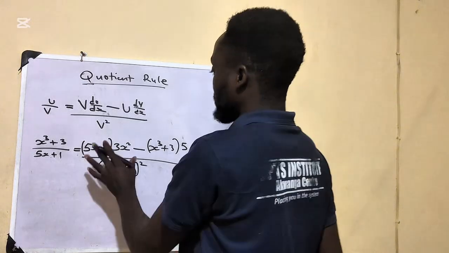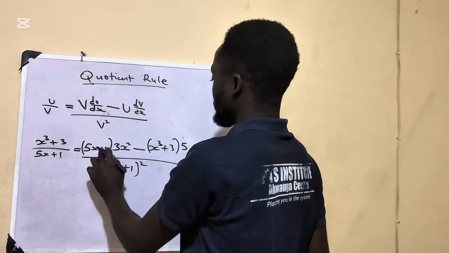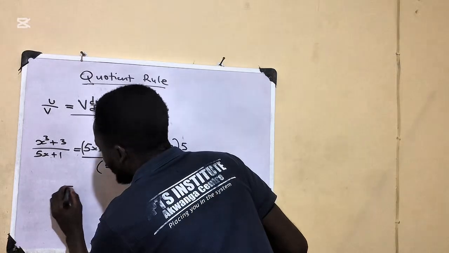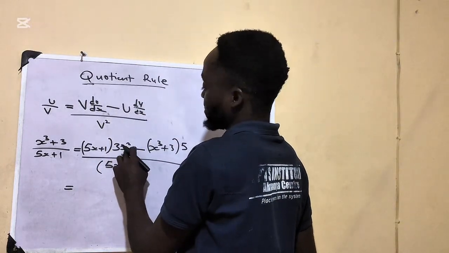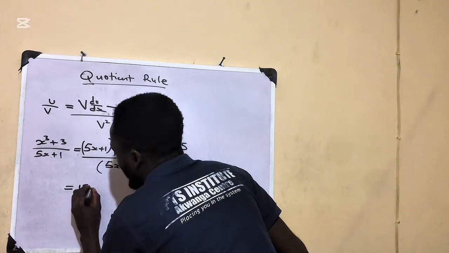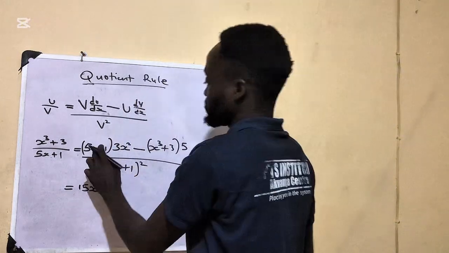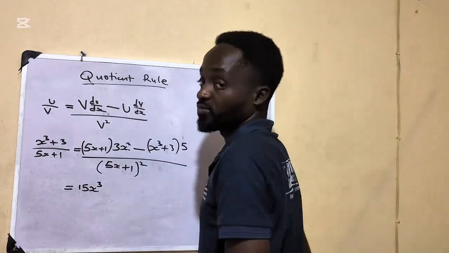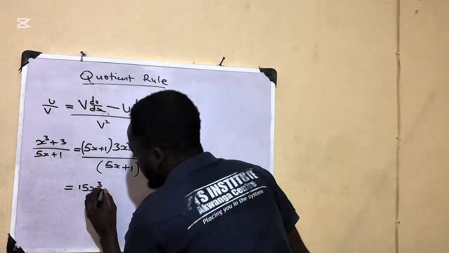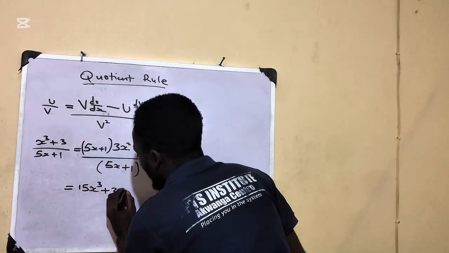So what we want to do next is to open this bracket, multiplying what is outside with what is in the bracket. If we do that, 3x squared multiplied by 5x is going to be 15x to the power of 3, because we have x to the power of 2 times x to the power of 1, which is 3. Then 1 multiplied by 3x squared is still 3x squared.